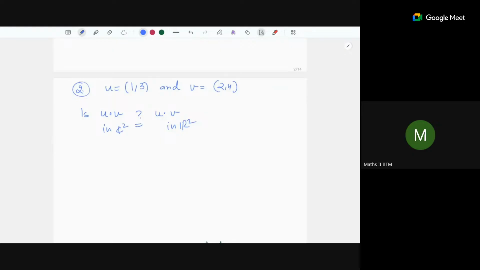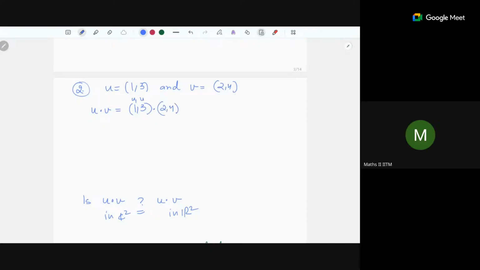So now let's do this example also. You have two vectors u and v. Both of the vectors look like they sit inside R2, but anything that is in R2 is also a vector in C2, so they also lie in C2. Now let's calculate their complex inner product. u dot v is (1, 3) and (2, 4).